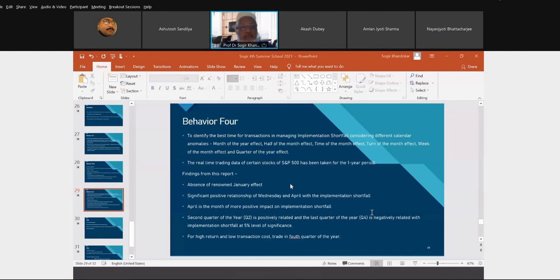Here, positive impact means a positive relationship between implementation shortfall and our dependent variable. The first week of April has more impact on implementation shortfall. That means if we transact in the first week of April, then our transaction cost will be higher.